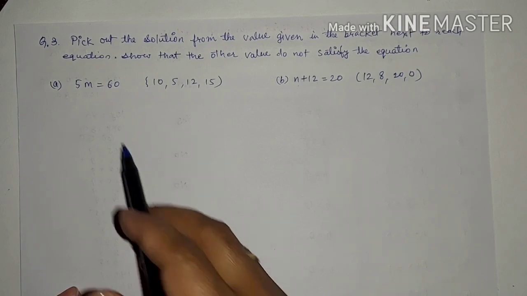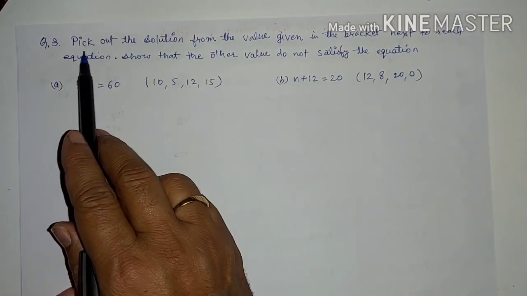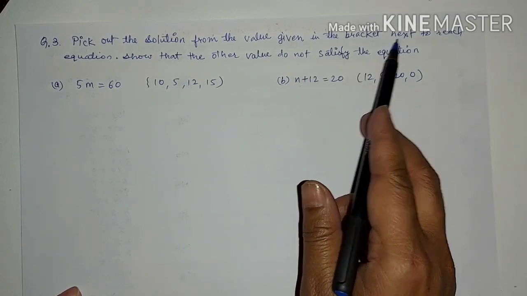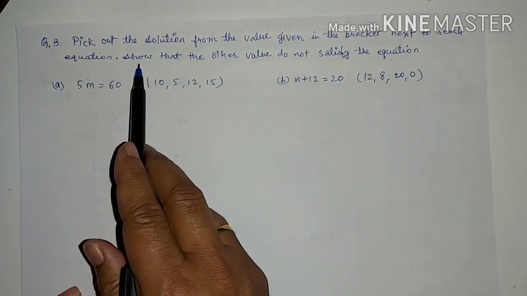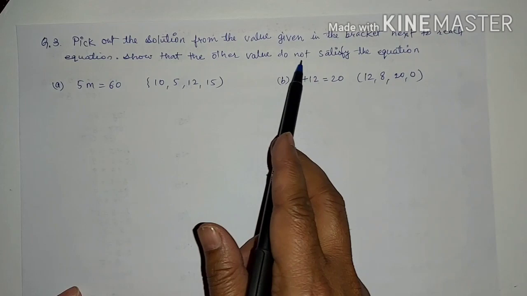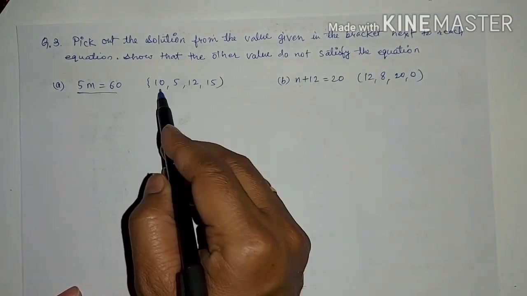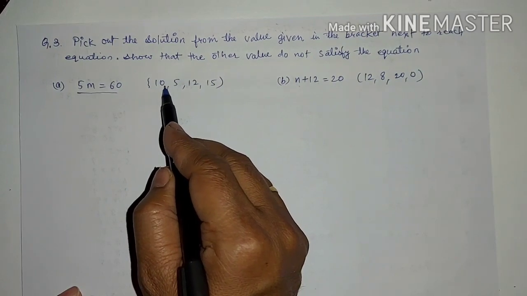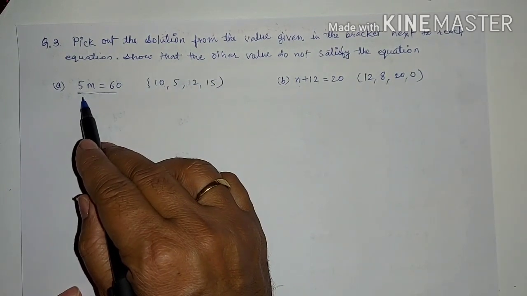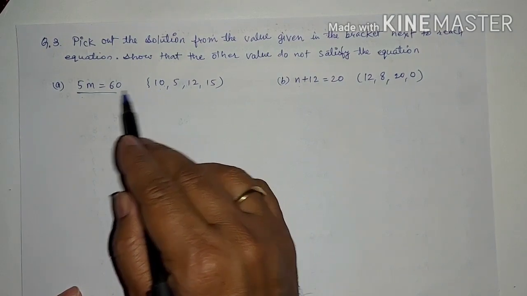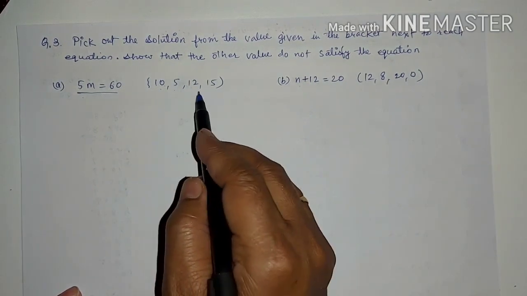Now question number 3. Question number 3 is: pick out the solution from the value given in the bracket next to each equation and show that the other value does not satisfy the equation. It means an equation is given, first you choose the first value. If the left hand side equals the right hand side, you are finished. Suppose they are not satisfied, you choose the second value.